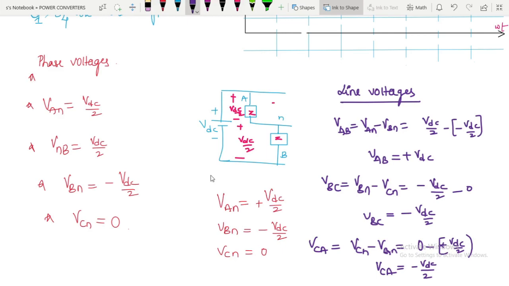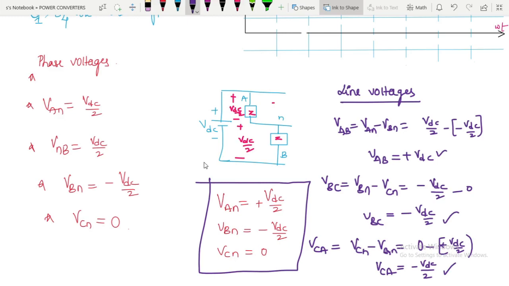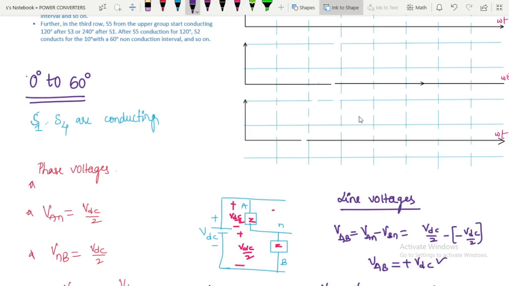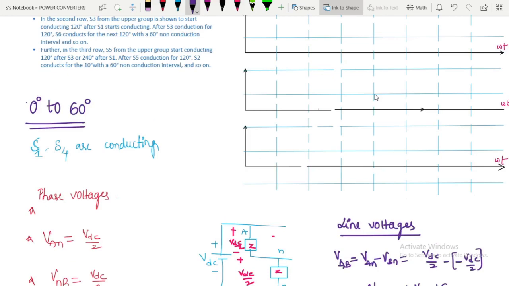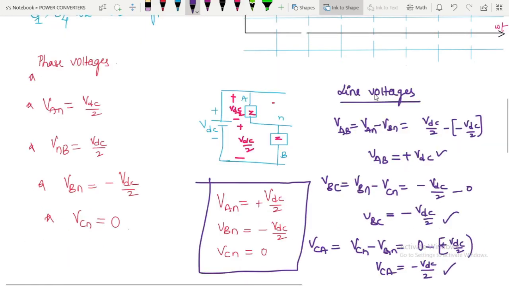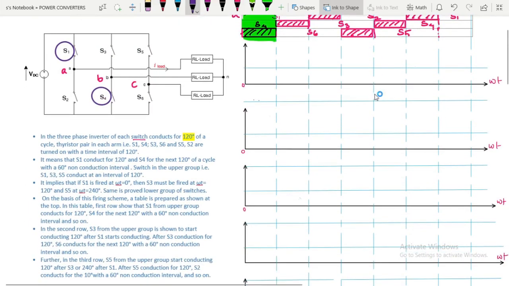Okay, so let us draw the waveforms here. For phase voltages, the voltages are plus VDC by 2, minus VDC by 2 and 0. For line voltages, they are plus VDC, minus VDC by 2 and minus VDC. So let us draw the graphs here.